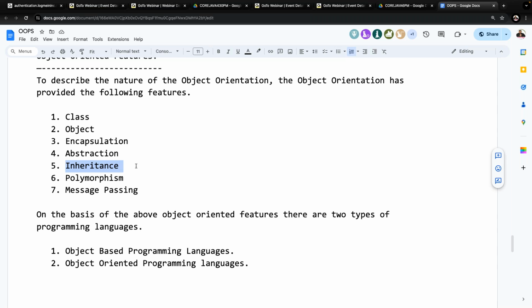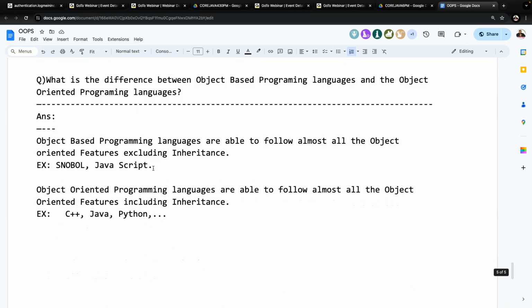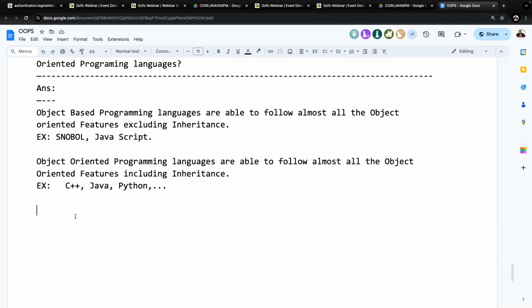They are object based. Some programming languages follow inheritance also along with all the object oriented features. Then those are object oriented programming languages. That's enough. This is exactly the difference between object based and object oriented programming languages. Got it now? Simple theory.